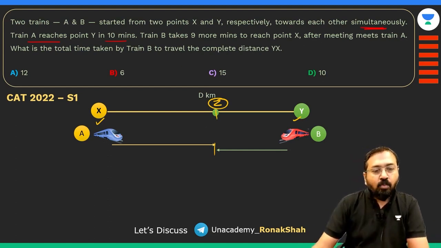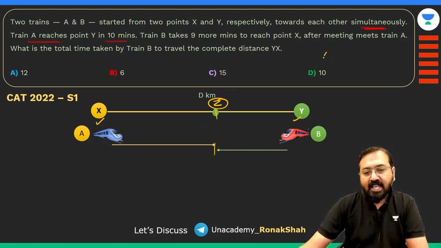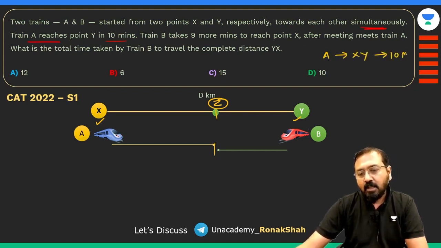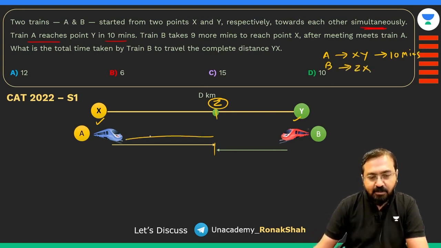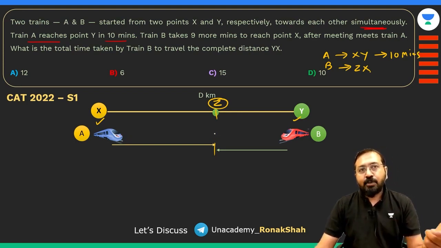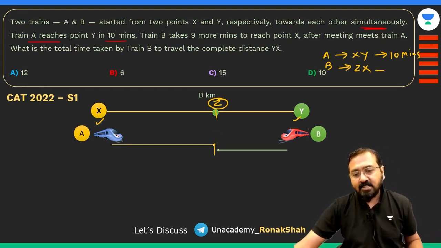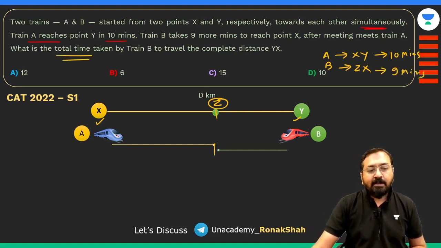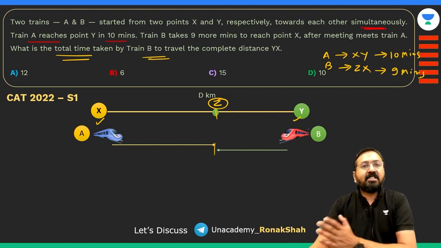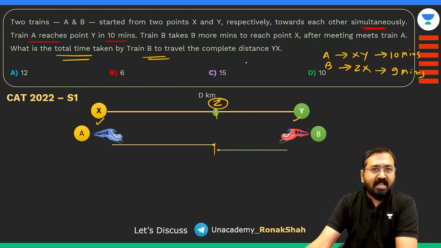Now what we are told is train A travels the complete XY distance in 10 minutes, while train B travels the ZX distance, after meeting, that is they are meeting at point Z, and after that it takes 9 minutes for train B to reach X. So ZX distance train B travels in 9 minutes, and we are asked to find out the total time taken by train B to travel the complete distance YX, or you can say XY.